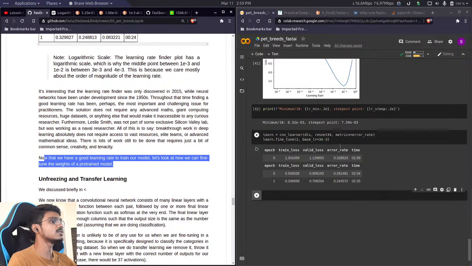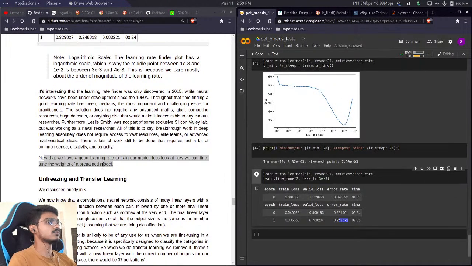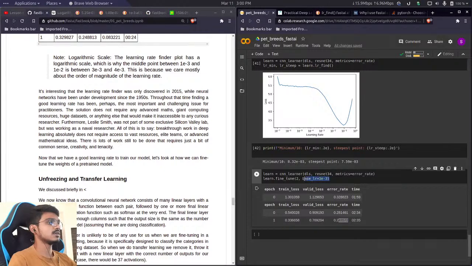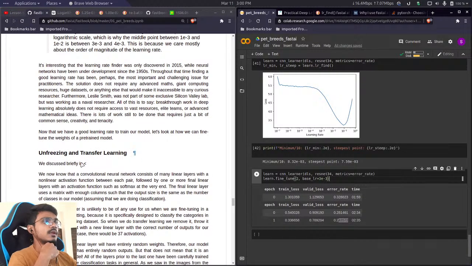So our model is done fine-tuning, and this time we are getting a 0.24 error rate. So the base learning rate is optimum. Let's move on.